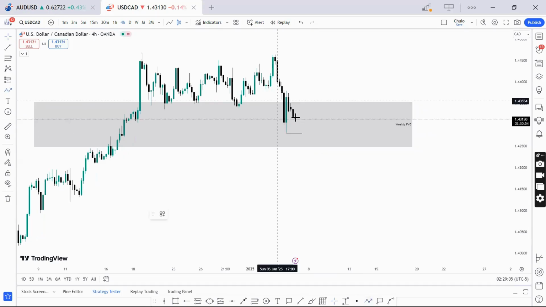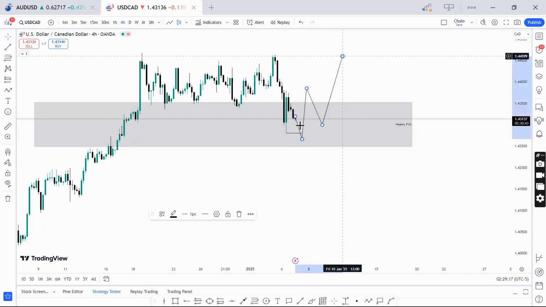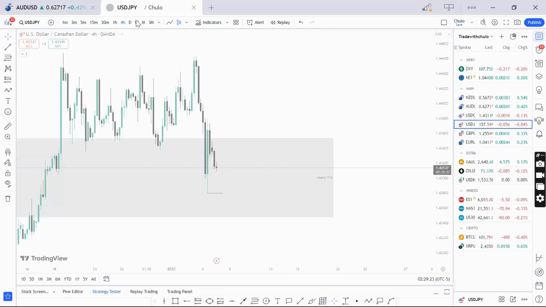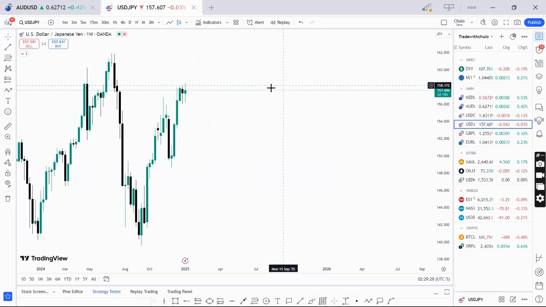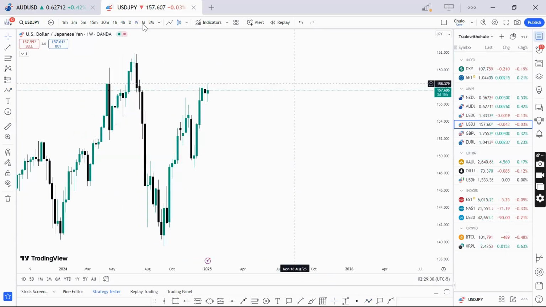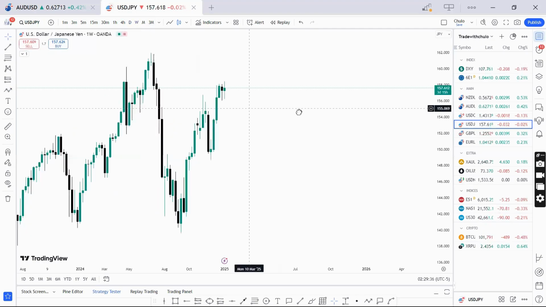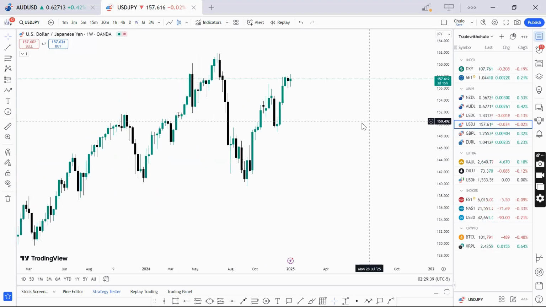So we also have to wait patiently for something to play out, give us a break here. Then we'll join them to take price up. Now we'll pick one on UJ. Do I have anything significant on UJ? No. So nothing on UJ.